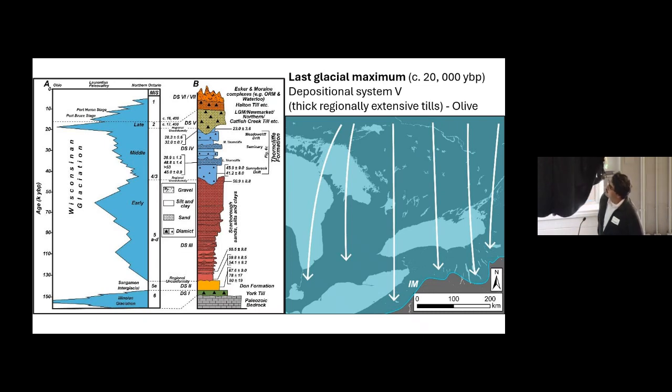It is characterized by depositional system 5, a regionally extensive, very thick glacial till. One important thing to note here is the flow direction of the ice sheet. It was generally north-south and extending well into Ohio.